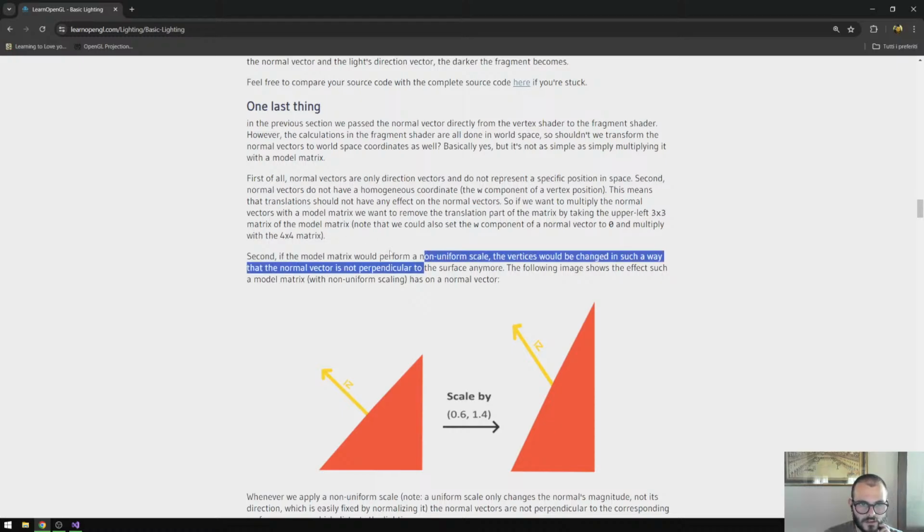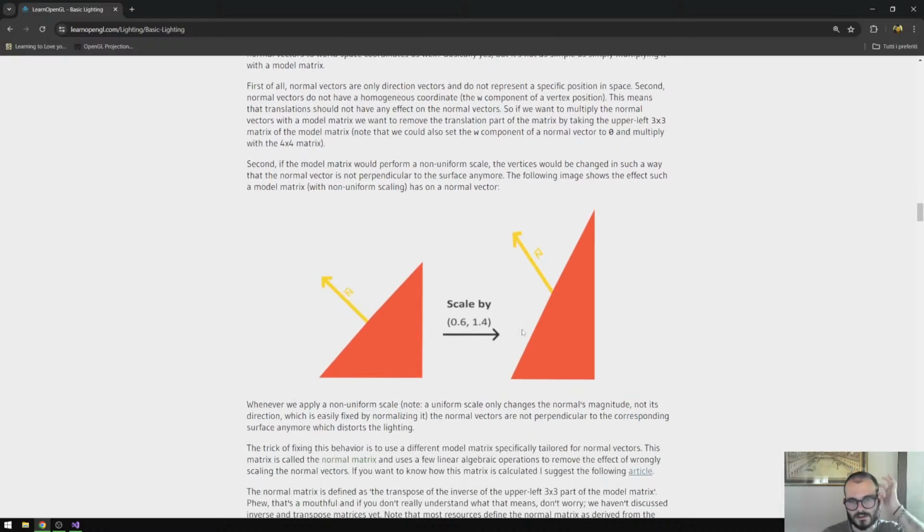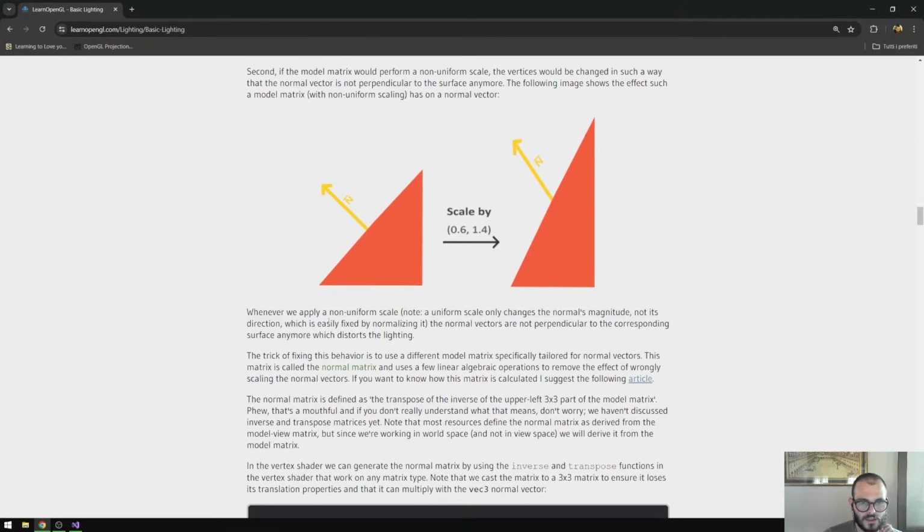Second, if the model matrix would perform a non-uniform scale, the vertices would be changed in such a way that the normal vector is not perpendicular to the surface anymore. The following image shows the effect of such a model matrix. If you apply the same transformation to the normal, well, the normal is not a normal anymore.